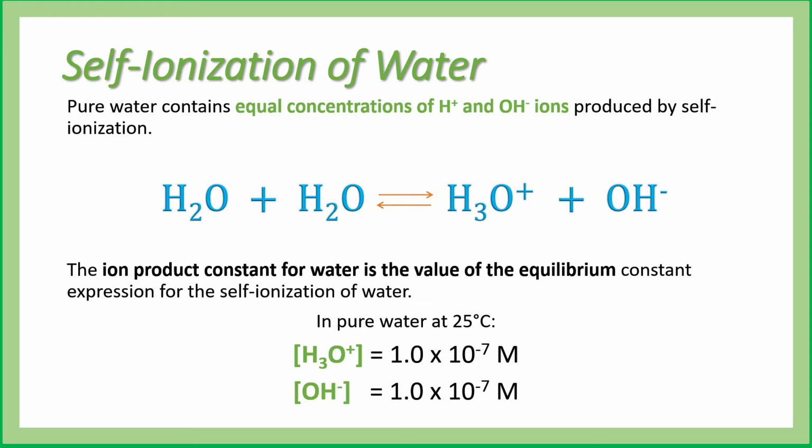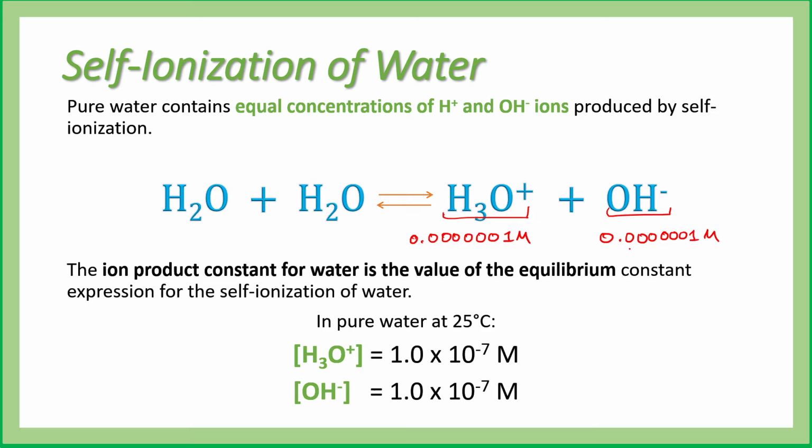When we have pure water, that pure water is in this process of self-ionization. But these ions are present in a very, very low amount, 0.0000001 molar. That's a very, very small amount, and the same amount for hydroxide ions.